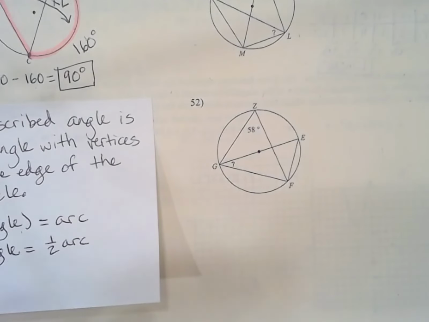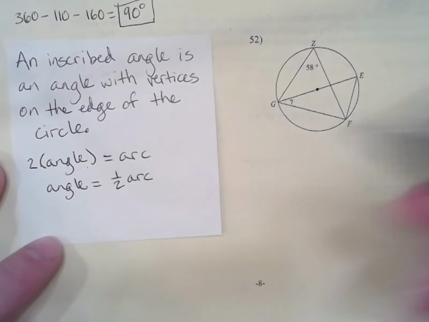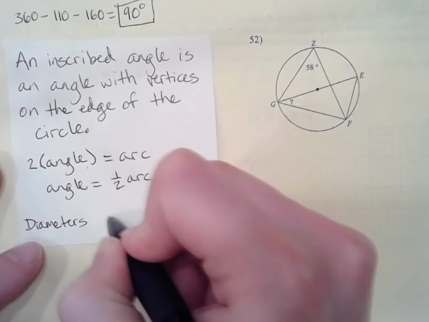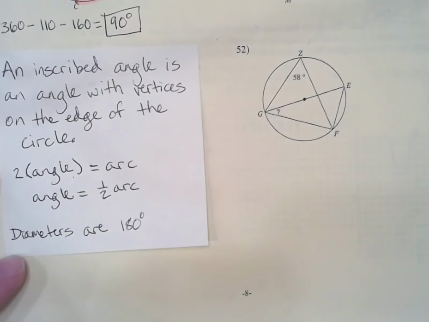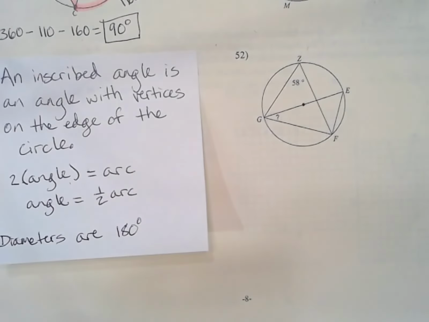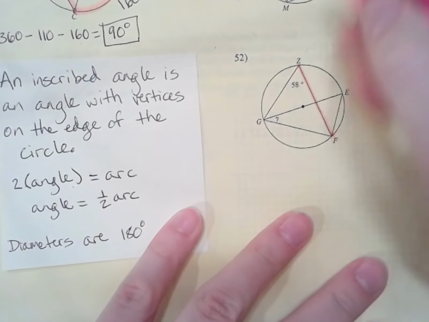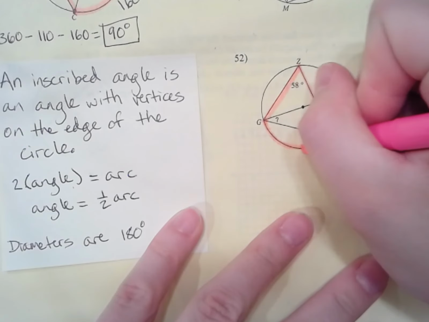Okay, honestly, you just got to start with information you know. I want you to also recall that diameters are 180 degrees. That's going to help you a lot in something like this. Here's what I know. I went here first because that's the angle I saw. So I'm going to connect it.